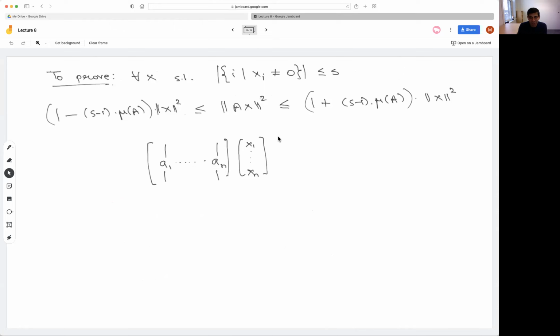So again, what is the restricted isometry property? We want to prove that for any sparse vector X, which has at most S non-zero coordinates, the norm of A times X squared is close to the norm of X squared. Let's try to understand what the norm of A times X squared is. Let's call the set on which the entries are non-zero capital S, and say it's just the first few columns.